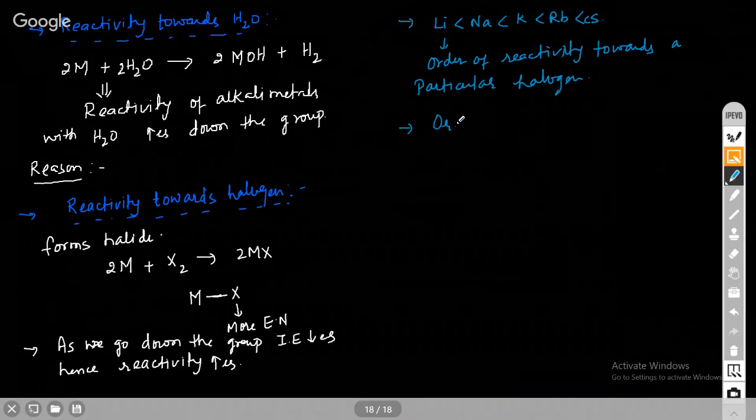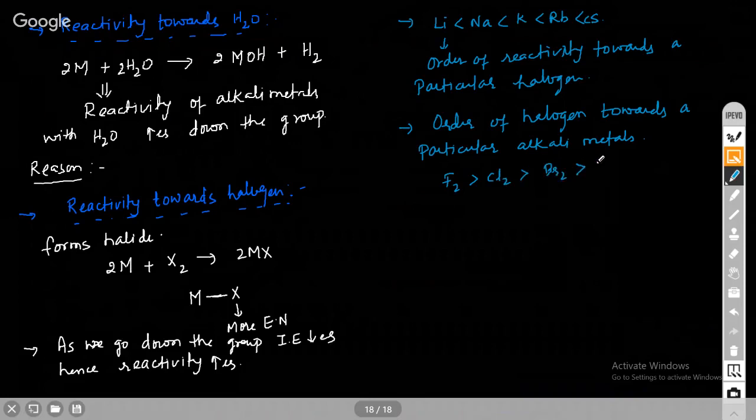The order of reactivity of a particular alkali metal towards halogens is this: it is maximum for fluorine, then chlorine, then bromine, and then iodine.